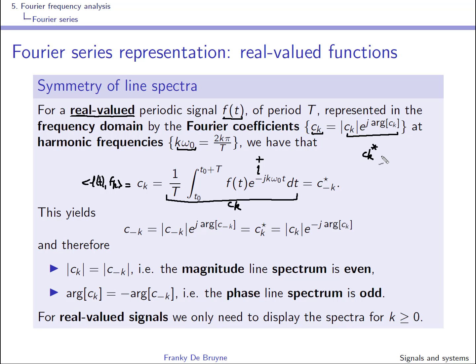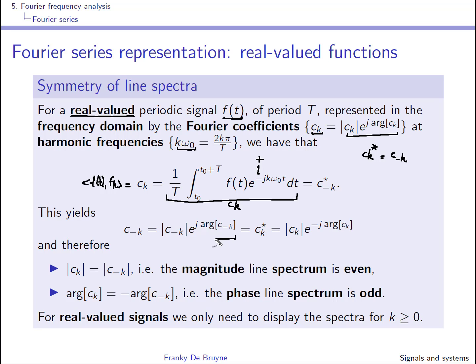Okay, so ck conjugate is equal to, if we change the sign, well, it's changing the sign of k, so this is equal to c of minus k, right? And this c of minus k can also be written under polar form.